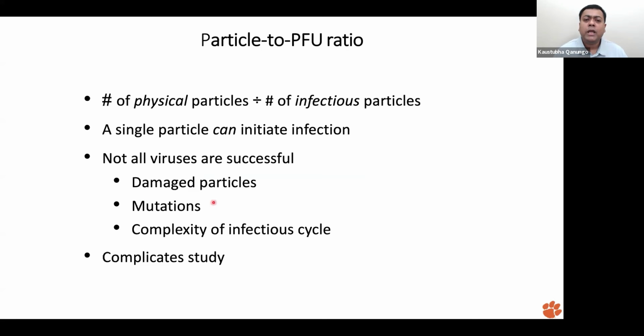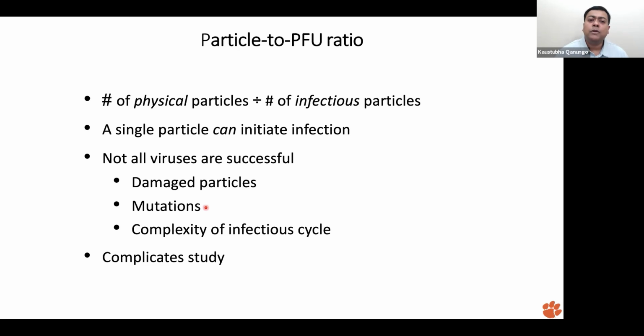And the mutations, we are going to talk about that. Every replication cycle, lots of these viruses constantly mutate, and some of them mutate into viral particles which will not be infectious again. And here we will completely bust the myth that you hear all the time that the virus has mutated. You will learn gradually somewhere else that every replication cycle in every cell, these viruses constantly mutate.